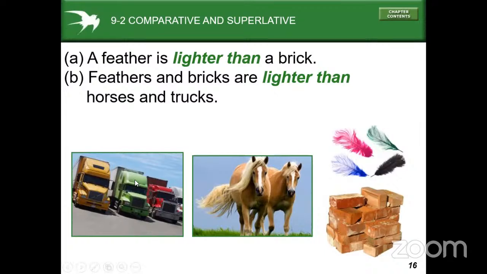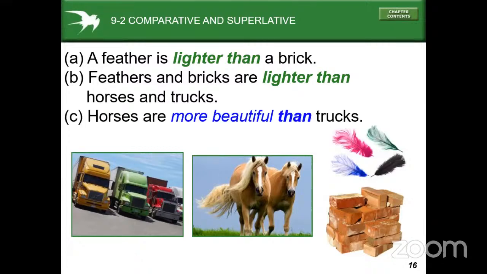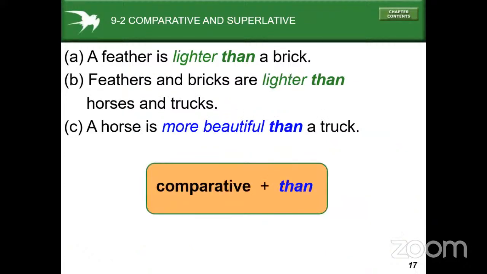Because trucks are even heavier than horses. But horses are more beautiful than trucks, we can say. These are some examples, of course. A horse is more beautiful than a truck.